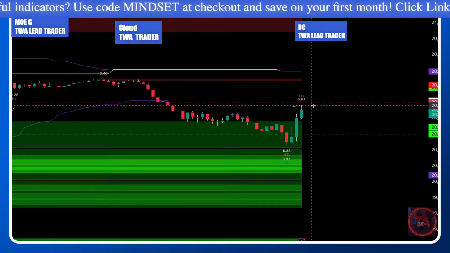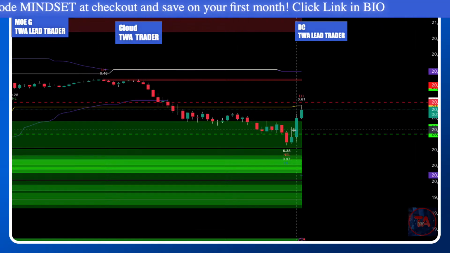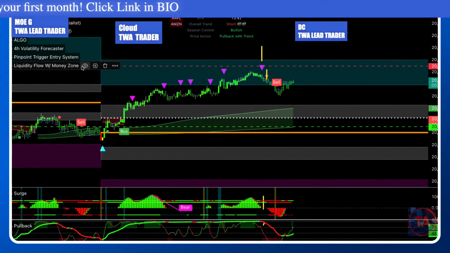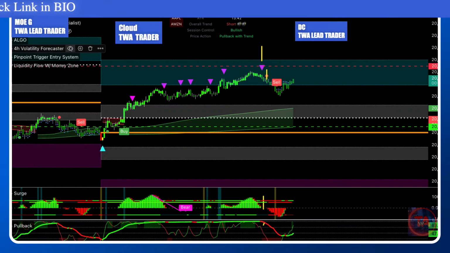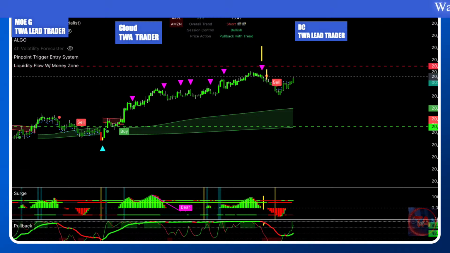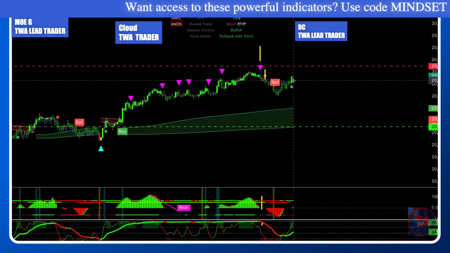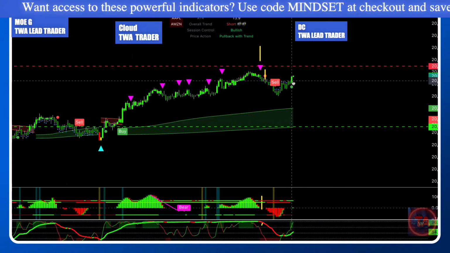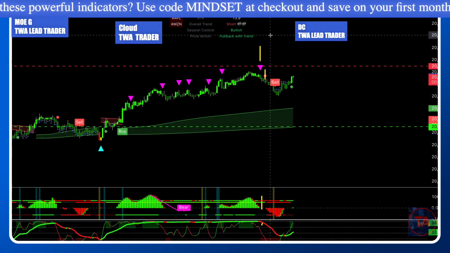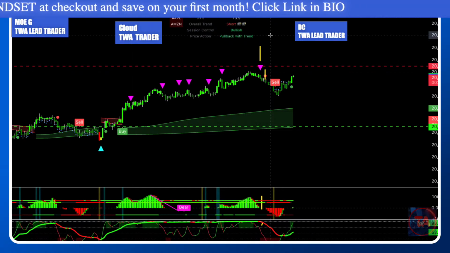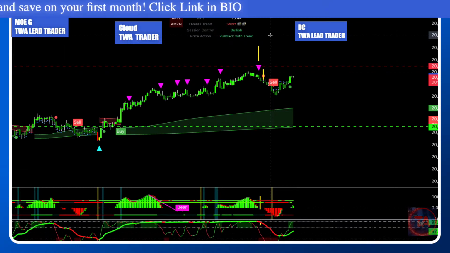Yeah, you can see it's just a little bit here, and that would have been a very nice short. Then as soon as this clicks back to bright green, get out. I'm long at 40, which is right where it turned bright green.